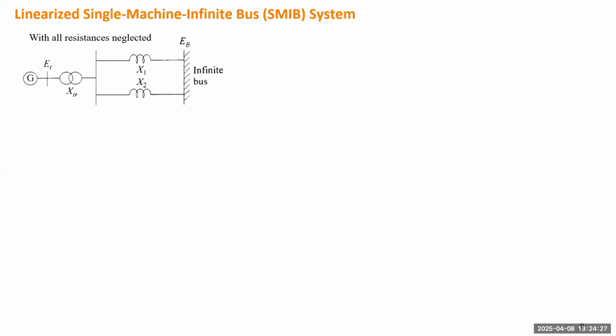We'll introduce a number of methods to study the oscillation of such a system. Then we'll move to a general power system with many generators, and go through the same process to first linearize the system model. Then we study the different types of oscillation modes.